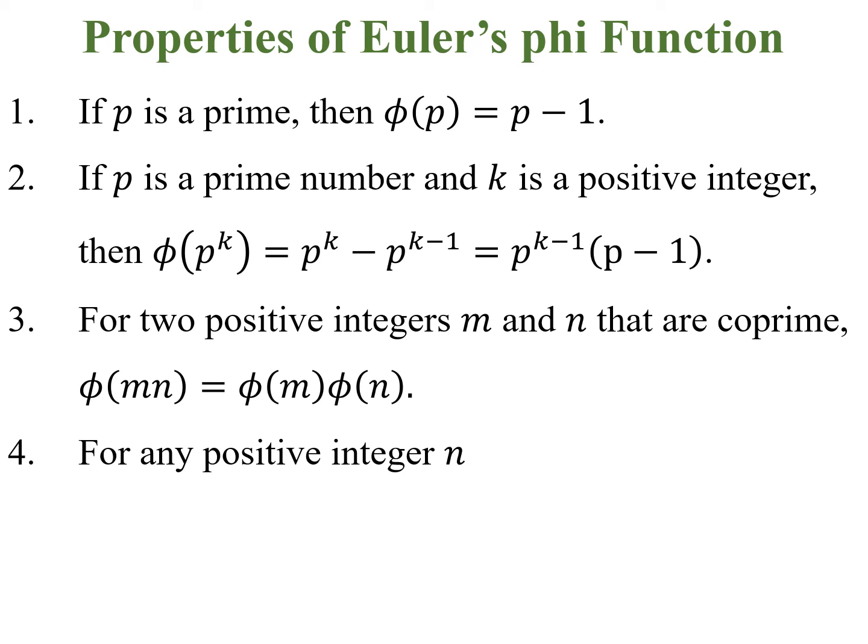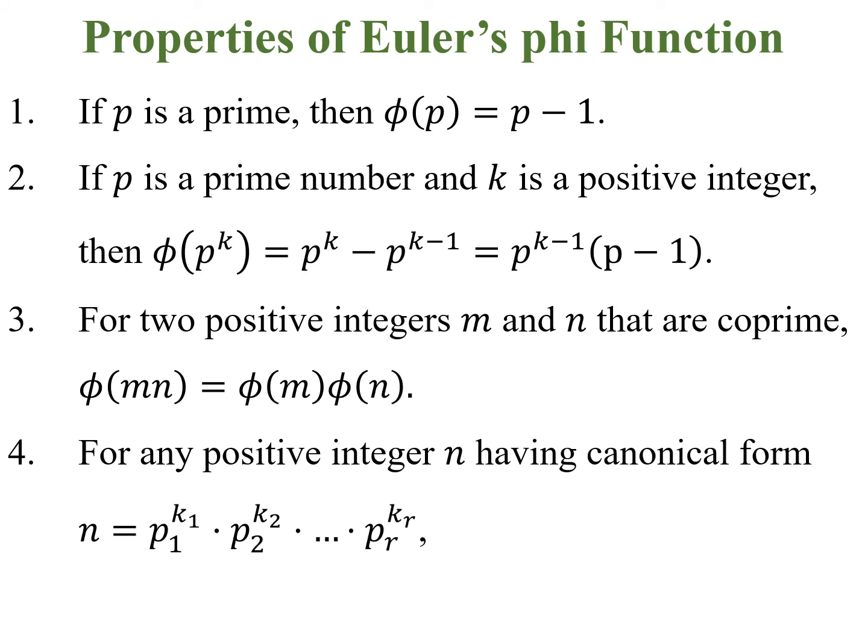Again, there is another property of Euler's phi function. For any positive integer n having canonical form, n is equal to p1 raised to k1 into p2 raised to k2 into dot dot dot into pr raised to kr. This is the canonical form of n, written as a product of powers of distinct primes, where p1, p2, pr are distinct primes.